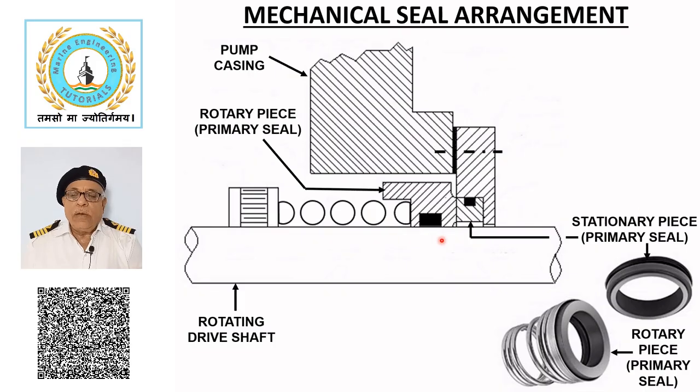In a mechanical seal, primary seal is formed by a rotary and a stationary piece which are held perpendicular to the drive shaft and consist of two highly polished surfaces of dissimilar material to reduce the friction between them. Both parts of primary seal are kept pressed by a spring, which make a close contact and form a liquid tight seal between them.